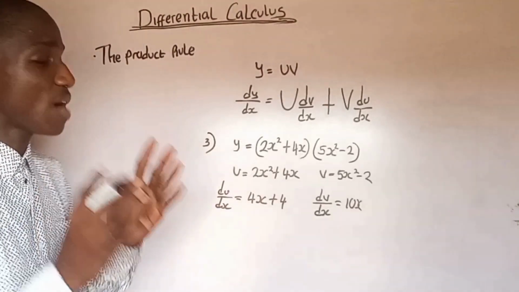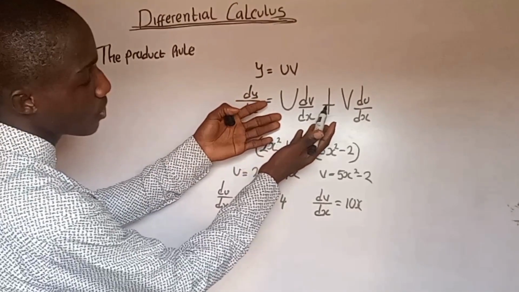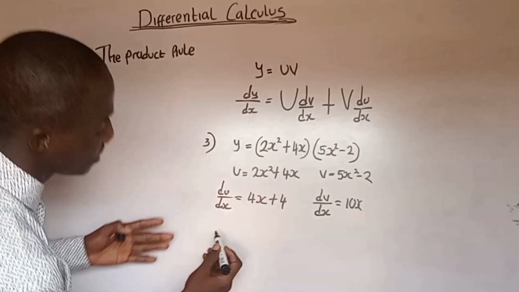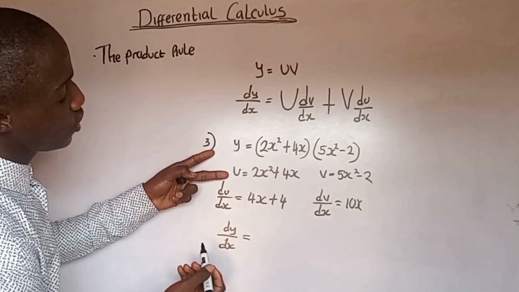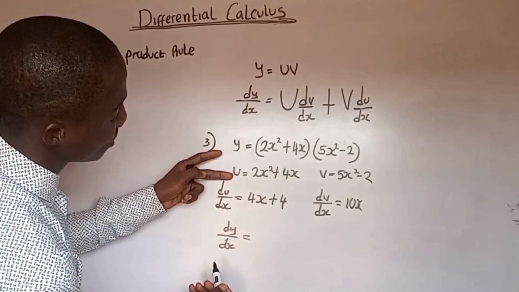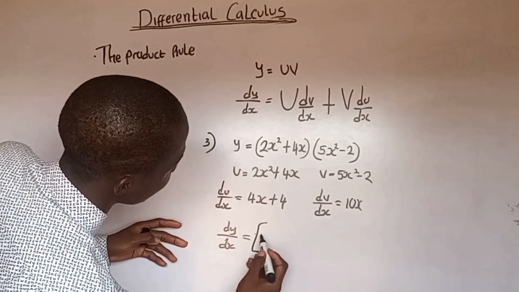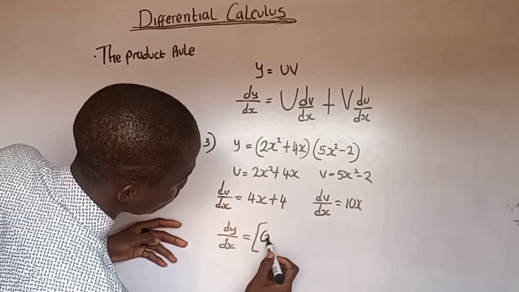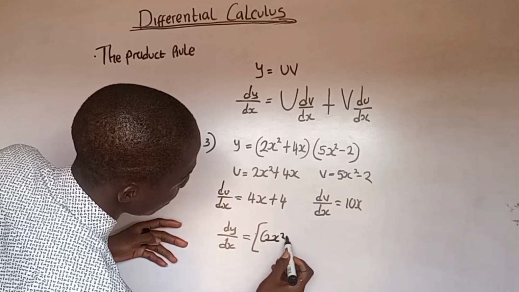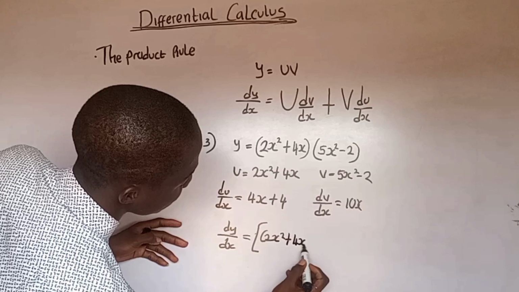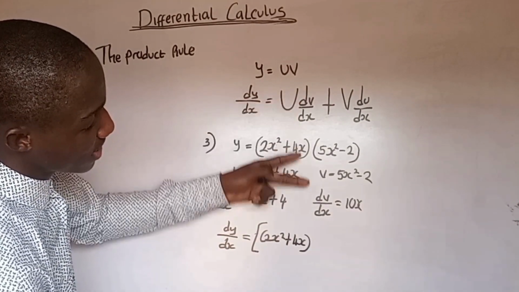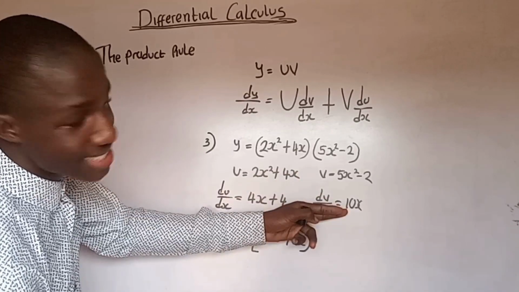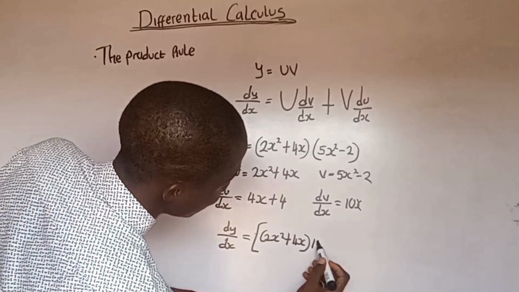After finding the differential form of u and v, we have completed it. Just one step: we have to substitute this into the product rule formula. So dy over dx is equal to u, which is this, 2x squared plus 4x, all in a big bracket, times dv over dx. So dv over dx is 10x, so multiply by 10x.